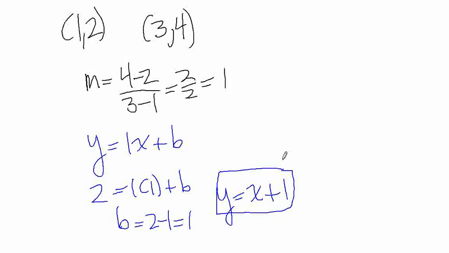So now I would like you to do an example. Would you please find the linear equation of the line that corresponds to a slope of minus 2 through the point (0, minus 1).